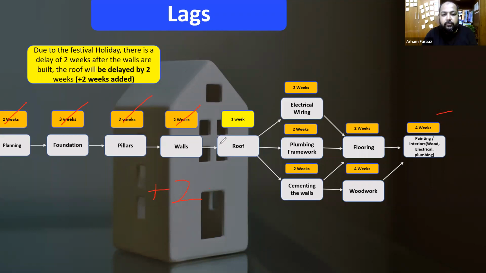Now, because of the holiday, you're adding 2 more weeks, 10 plus 2, so it will actually start on week 12. It's a 2 week delay, because they went for a 2 week holiday. So the work will start on week 12. Now this is called a lag. Lag refers to a delay. Delay in doing something is called a lag. Okay, so I hope that's clear.